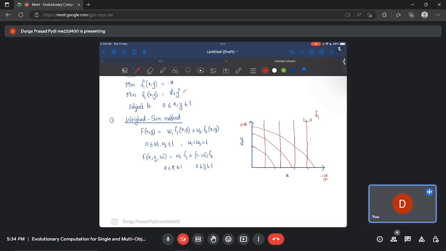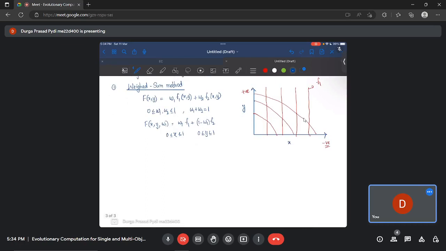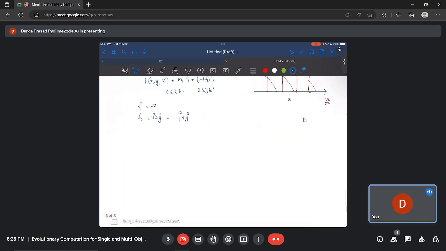Now we also have the objective space. If you want to see how the objective space is, we have f1 equal to minus x and f2 equal to x square plus y square. So if you want to plot f2 versus f1, f1 will essentially be negative in the particular range of 0, 1.